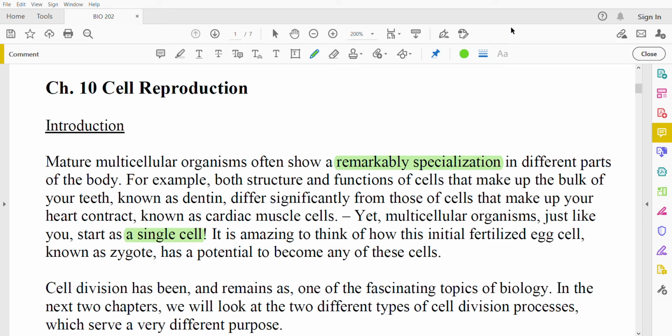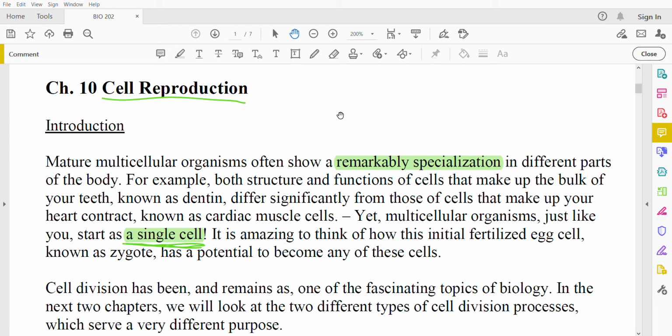I think that's something pretty remarkable and a good introduction to the importance of cell reproduction, why this is something that we want to know about and why this is something that we want to appreciate.